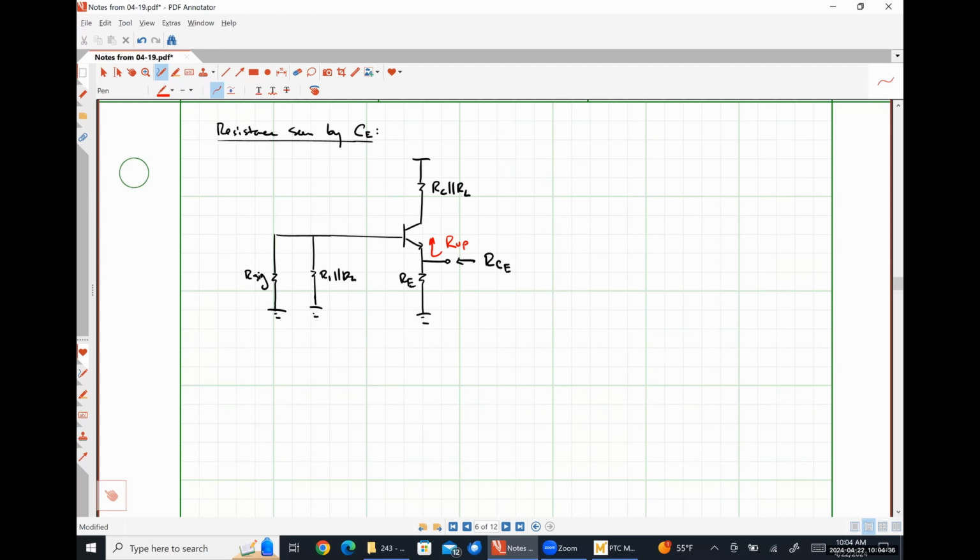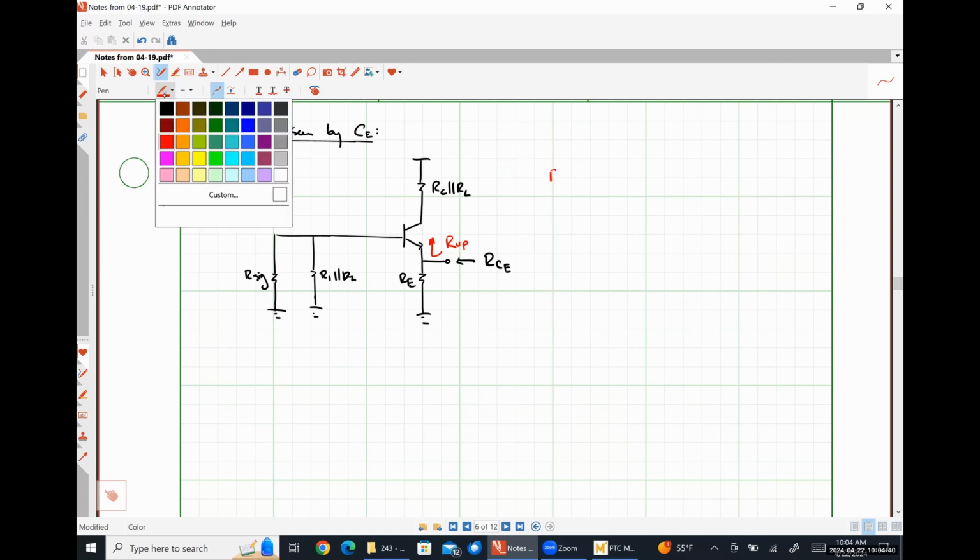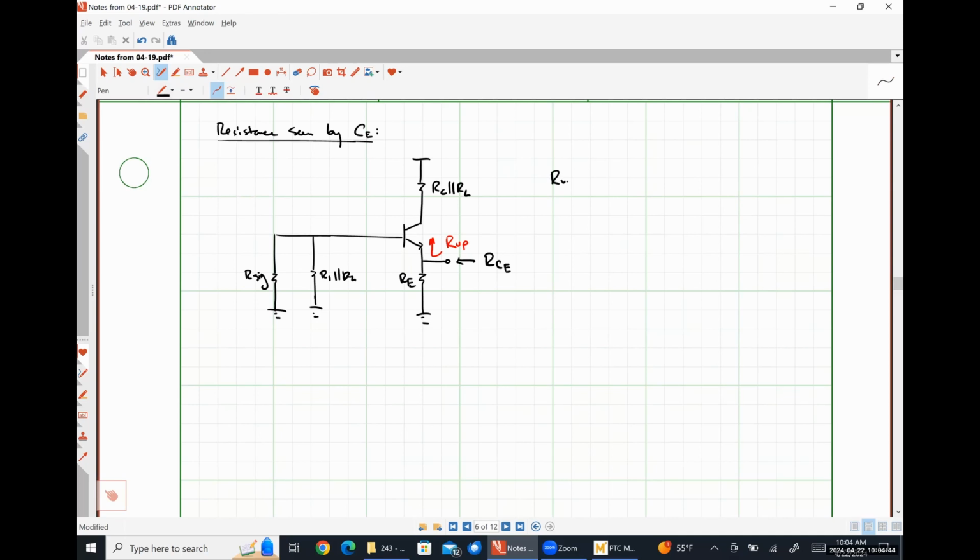But I think that the resistance seen looking up here would be R pi plus RB, where I'm treating RB as R sig in parallel with R1 in parallel with R2, times R naught plus RC, where in this case that's RC in parallel with RL, all divided by R pi plus 1 plus beta R naught plus RB.